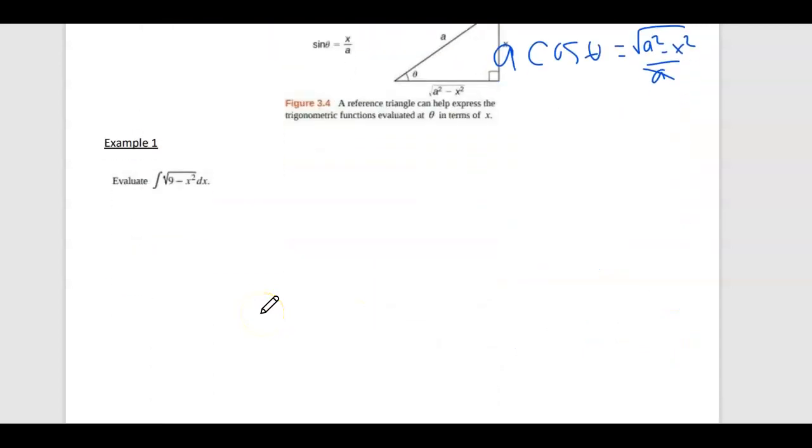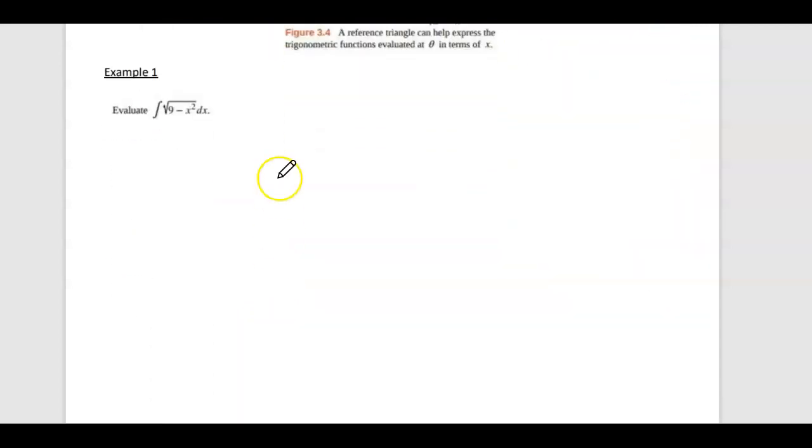All right, so the first example that I have for us is to evaluate this integral. First thing you should look for is a u sub. I do not have an x dx on the outside, so I cannot use u substitution.